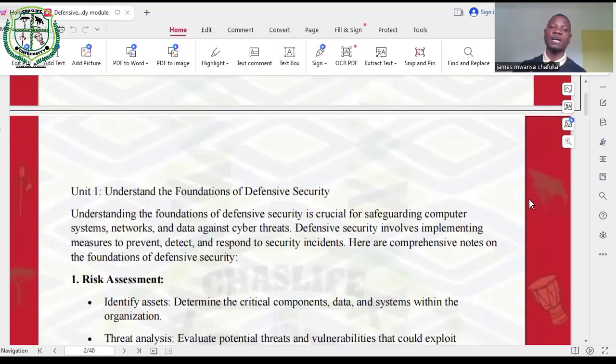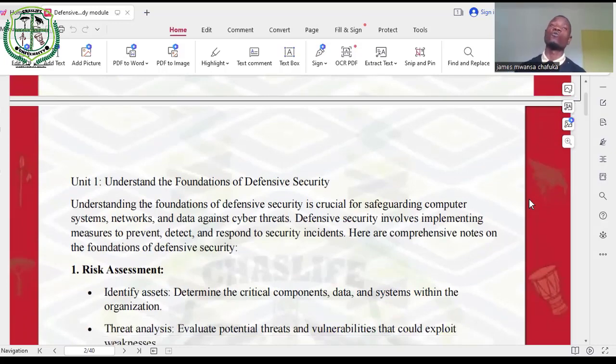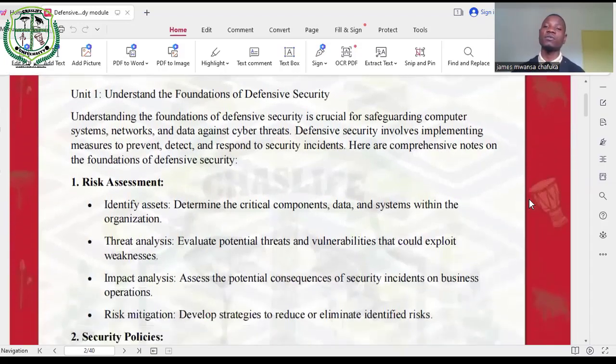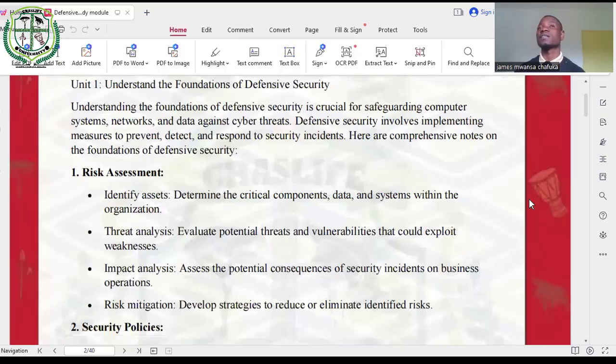So let's look at the foundations. We continue by looking at the foundation of defensive security. The first foundation of defensive security that we shall talk about is risk assessment.